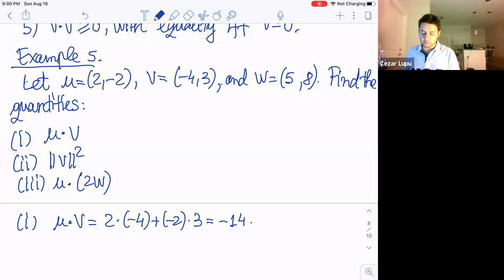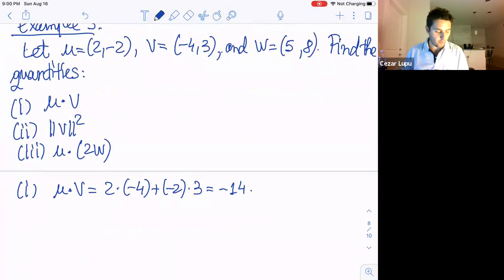So we have computed that the dot product between u and v is -14.